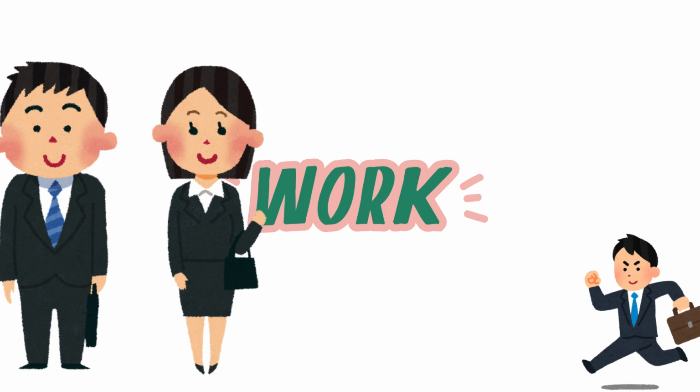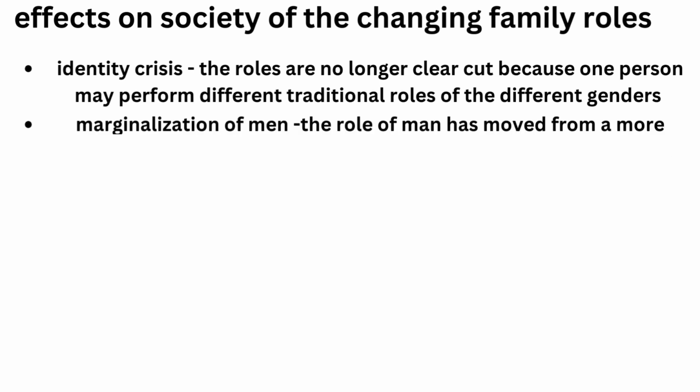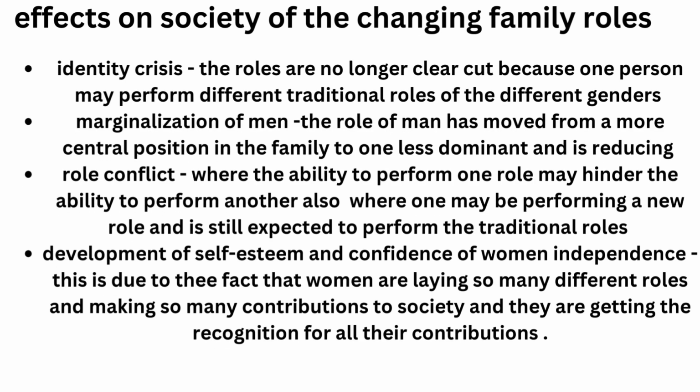Now there are the effects on society of the change in family rules, which include identity crisis, marginalization of men, role conflict, and development of self-esteem and woman independence. Now, identity crisis. How does the effect on society be identity crisis?